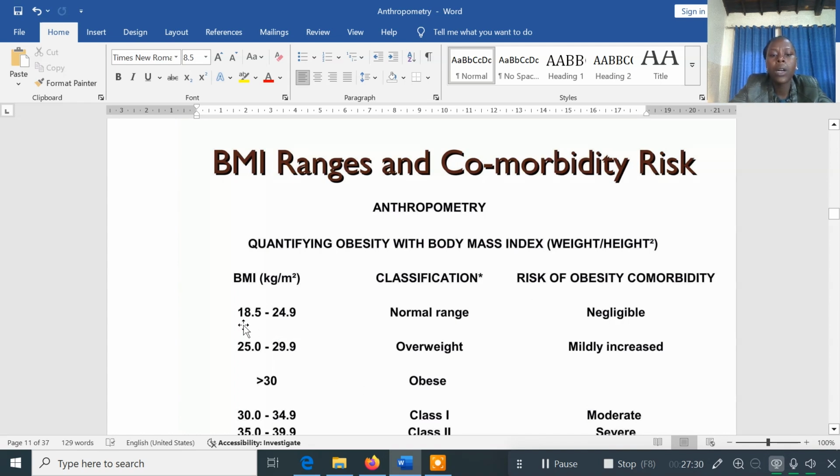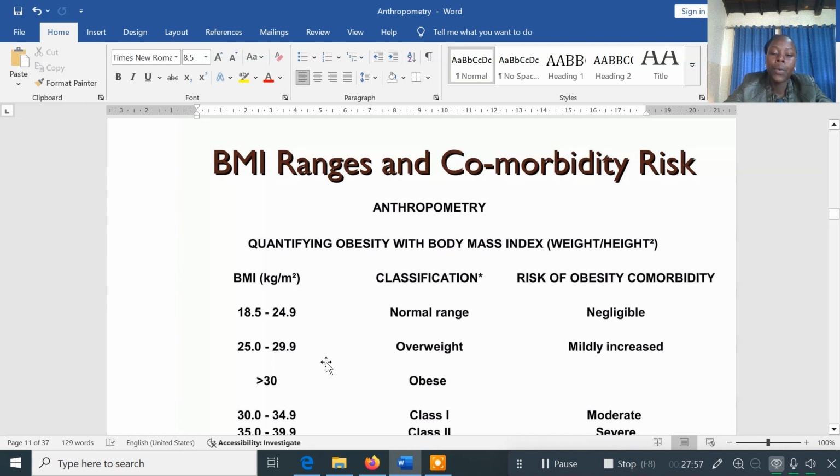If the BMI is between 18.5 to 24.9, the classification is normal range, and the risk of obesity comorbidity is negligible.